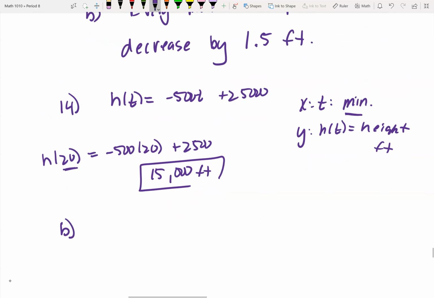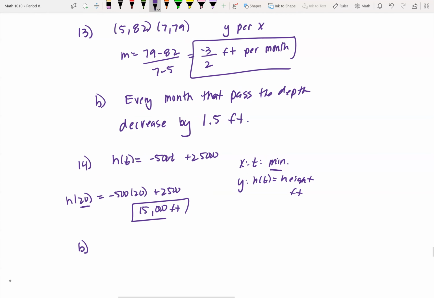Okay, find the practical domain. Domain is x. That stands for minutes. So it goes from anywhere from 0 to... so when are they going to land? When is the height going to be a 0? So you go to negative 500t plus 2500 is equal to 0.